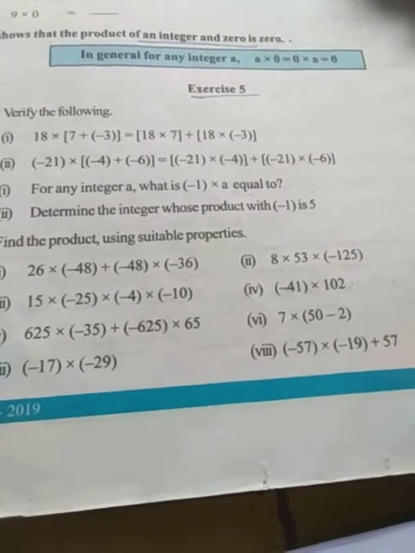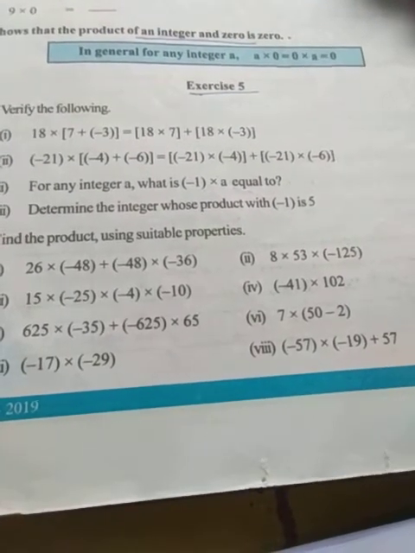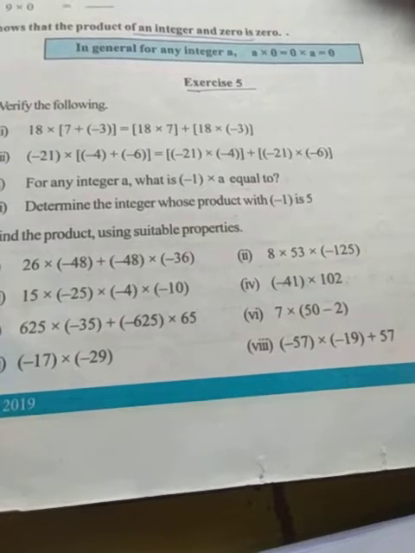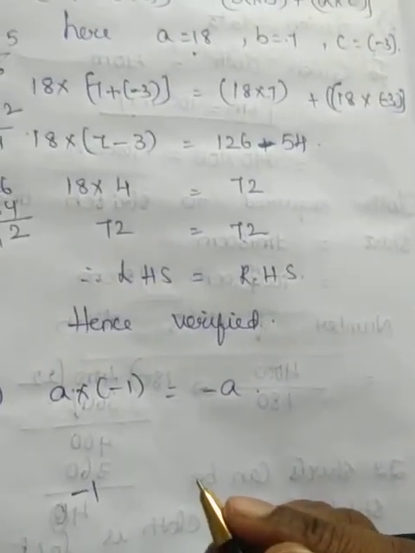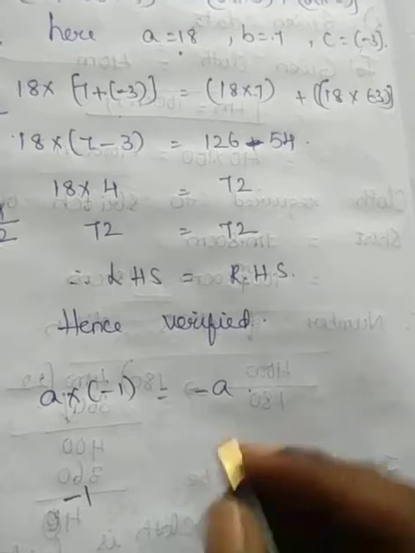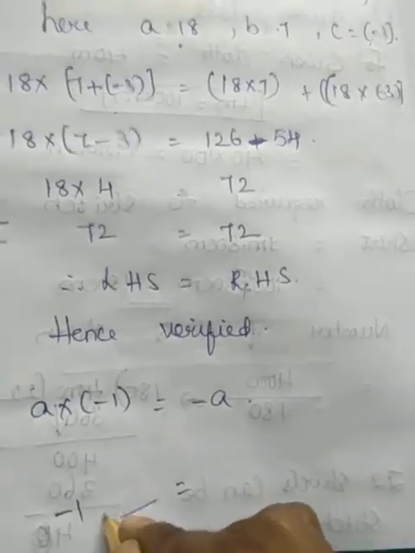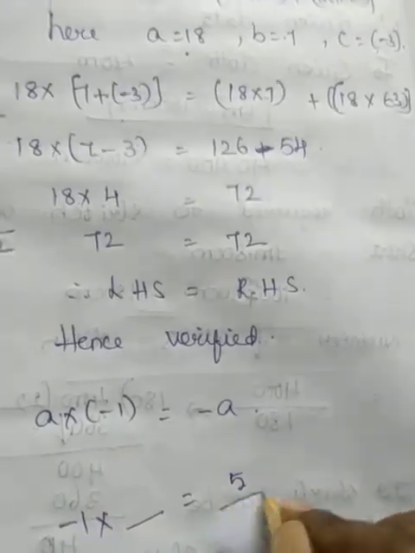Clear? Next, determine the integer whose product with minus 1 is 5. Minus 1 is there. Which number should you multiply to get the resultant 5? Tell me.